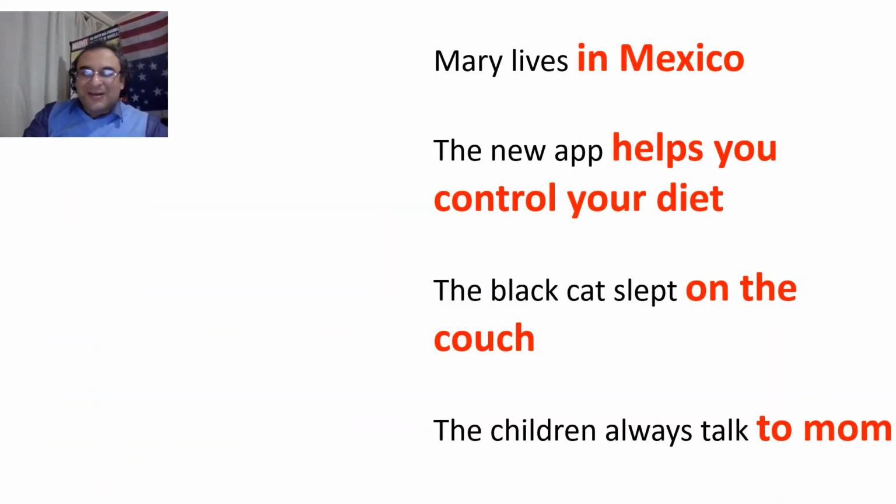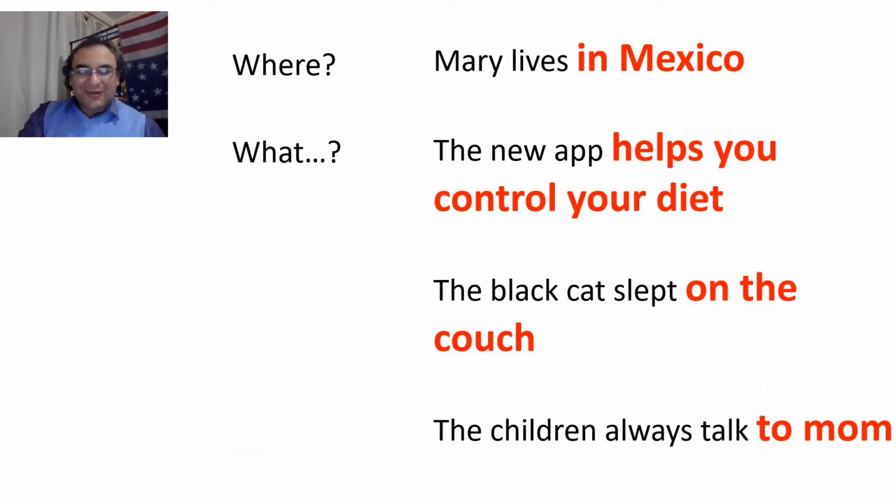So now, as you can see, we have some answers, and the answers are in the predicate. For example, number one, we have in Mexico. What is the question that you need? Where? Look at the second one. What is the question that you need?